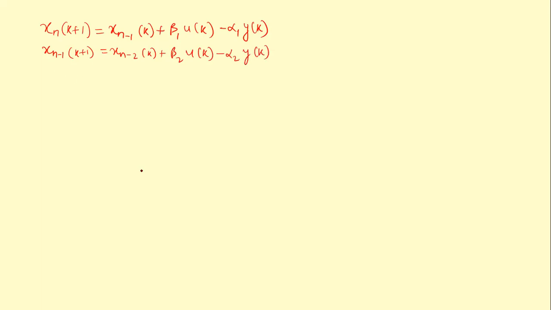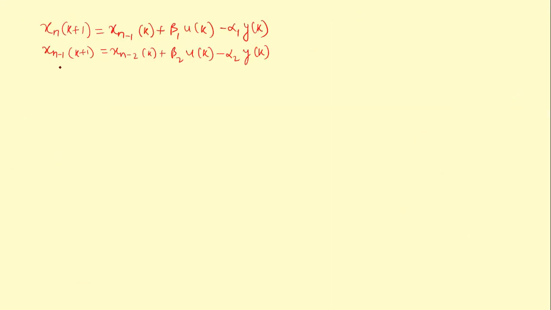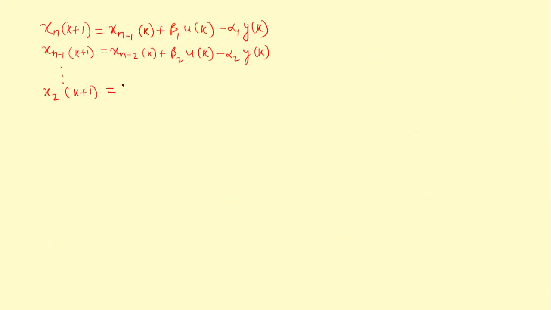And in this way we have x2 k plus 1. So in this way we'll keep on doing, and we have x2 k plus 1. So it is equal to, as you can see, x2 k plus 1 is equal to beta n minus 1 into uk minus alpha n minus 1 into yk plus x1 k, right? So it is x1 k plus beta n minus 1 uk minus alpha n minus 1 yk, right?